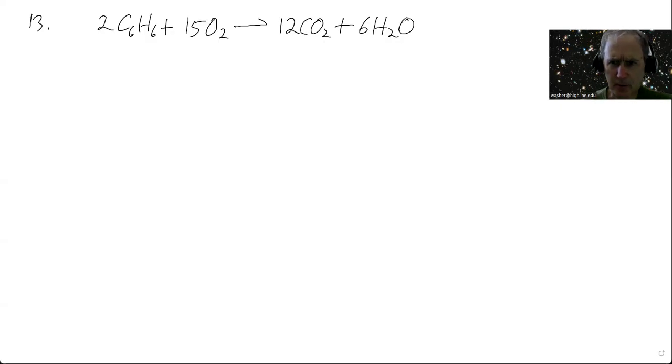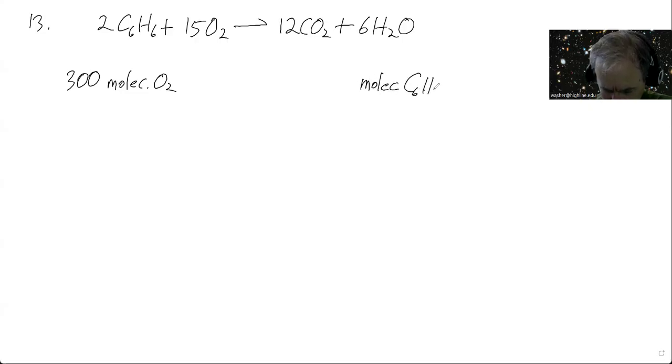Problem 13 says, how many molecules of C6H6 are needed to react completely with 300 molecules of oxygen? So I have 300 molecules of oxygen, and I want to know how many molecules of benzene I need to be able to react with that.